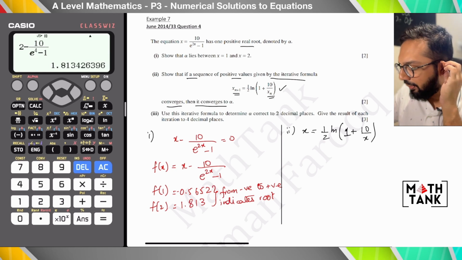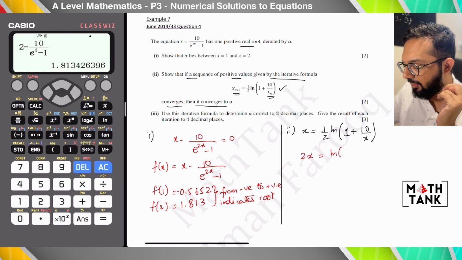So can I now prove to you that this equation is the same as the other one? Let's try doing that. So I get 2x equals ln 1 plus 10 over x. Ln moves to the other side and makes e power 2x. And then I have e power 2x minus 1 equals 10 over x.